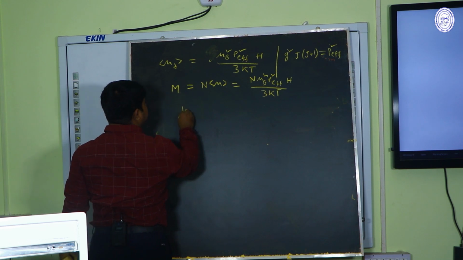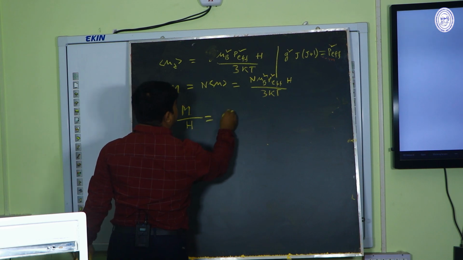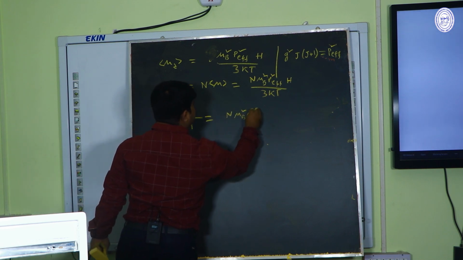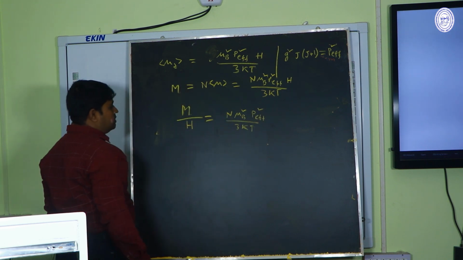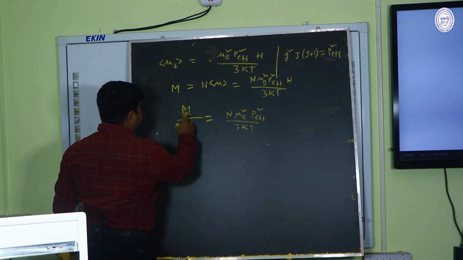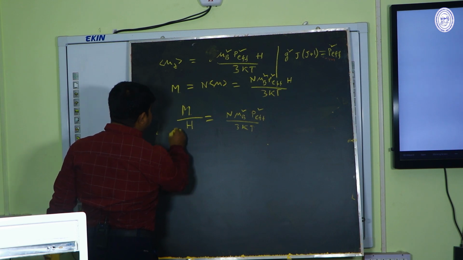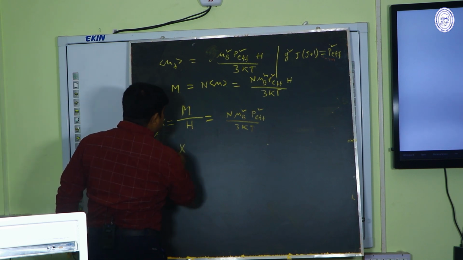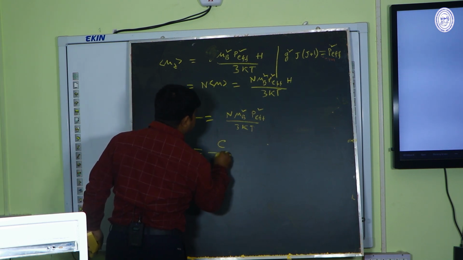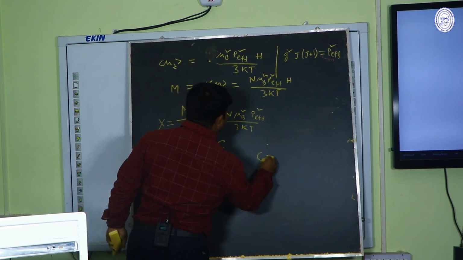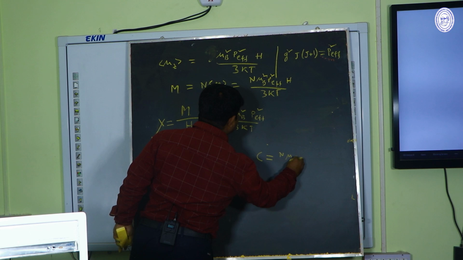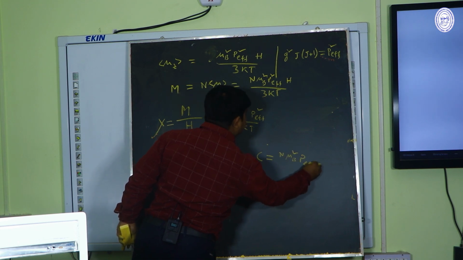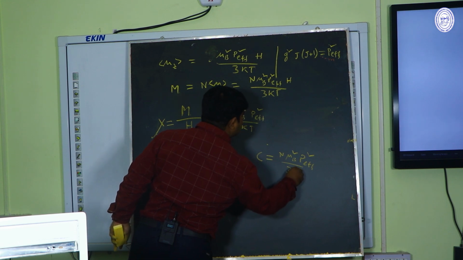So magnetization per unit magnetic field intensity, M by H, that is the susceptibility chi of a paramagnetic substance, is equal to C by T, where C is equal to n mu b square p effective square by 3k, called the Curie constant.